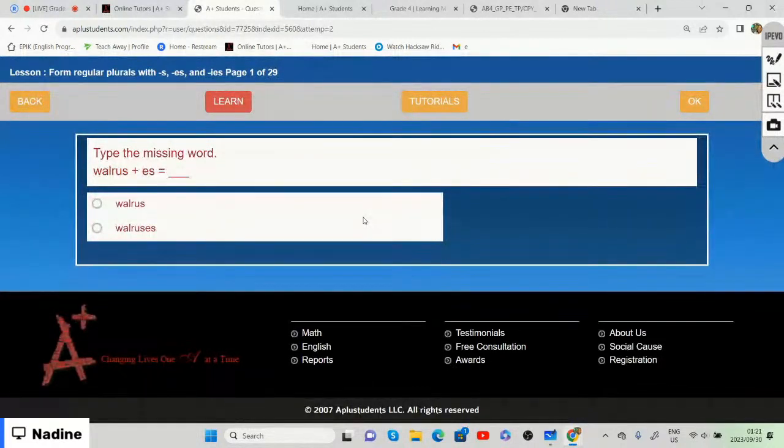It's walrus plus es. Is it the first one, which is walrus, or the second one, which is walruses? We need to type or choose the correct one. Walrus or walruses?